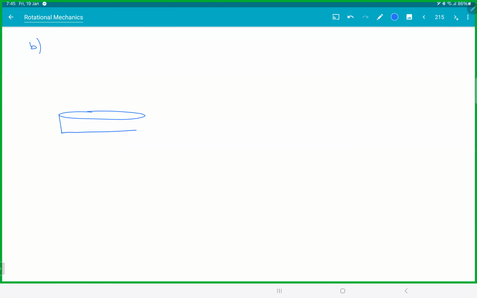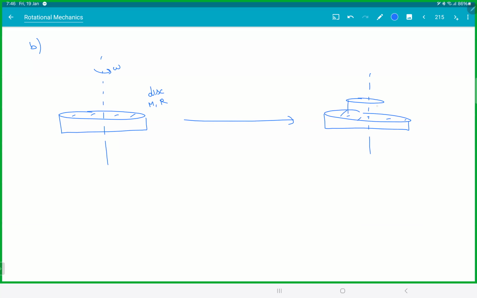Same question. Suppose you have a rotating disk. Someone placed another disk on top of it, but half the radius and same thickness. Omega dash will change.